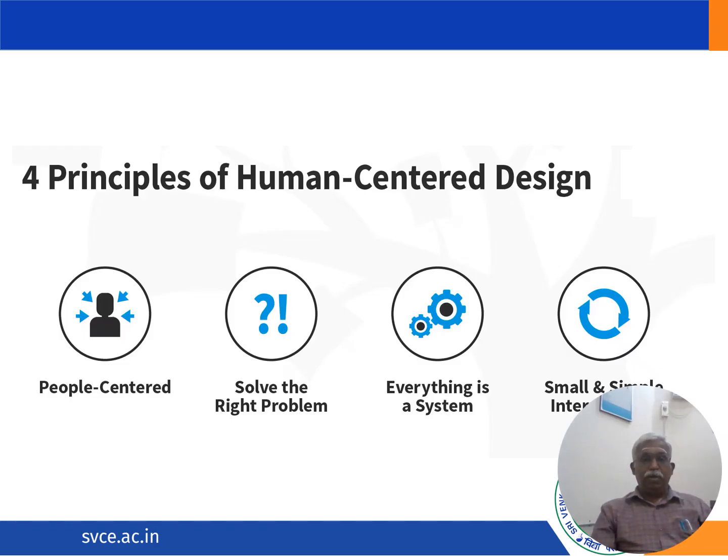The first principle is people-centered: not based on money, not based on people from one particular area. We cover all people. Among the people, there are many problems. From those, we want to solve the one that is prioritized more.